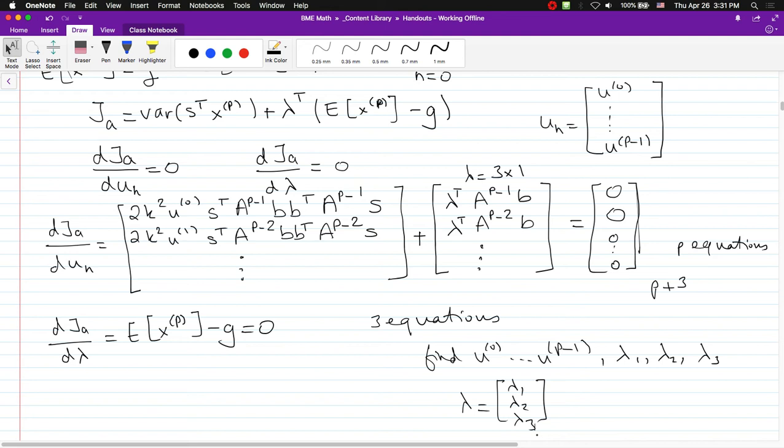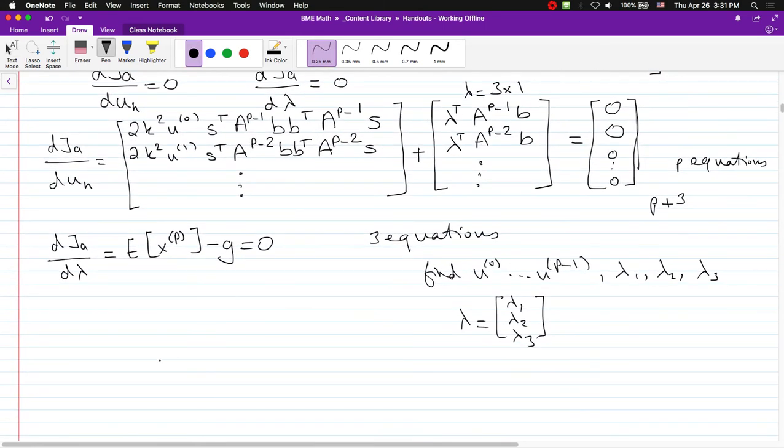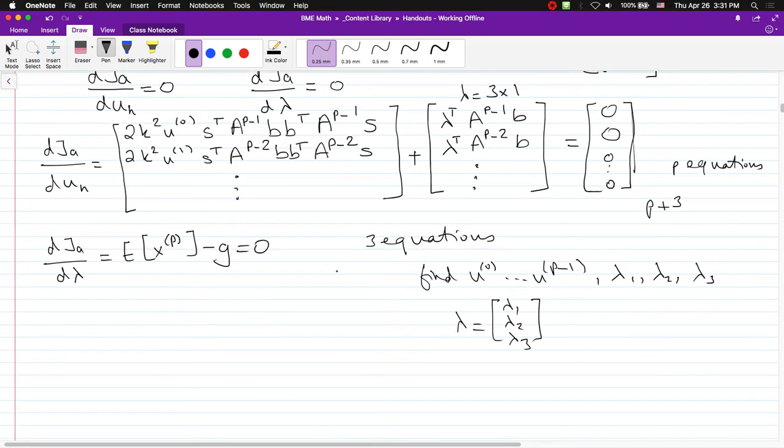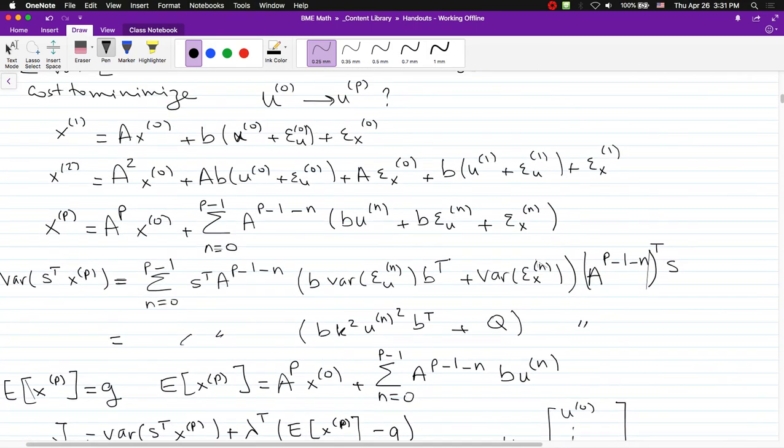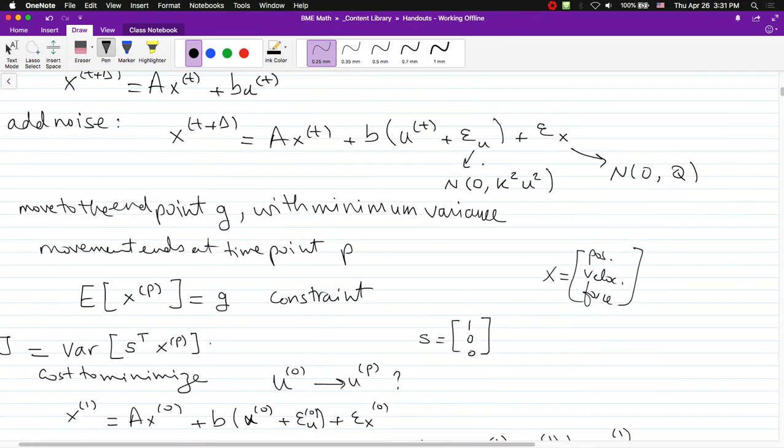Okay, that's what you have for your homework, something like this. And then once you have the commands, you give it to the system and you look at its velocity: how did it move? Why did it have the shape that it does? What you will see, the insight that came from this, was that when you have signal dependent noise, so when you have U that is corrupted with noise that grows with the magnitude of it, it naturally says you should produce as small of a force as possible.